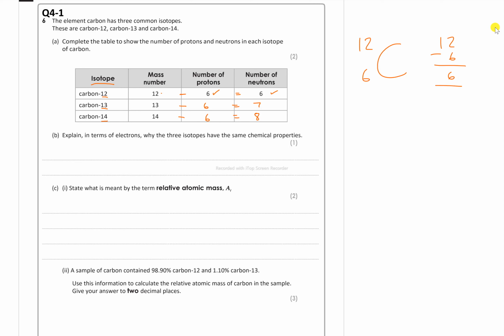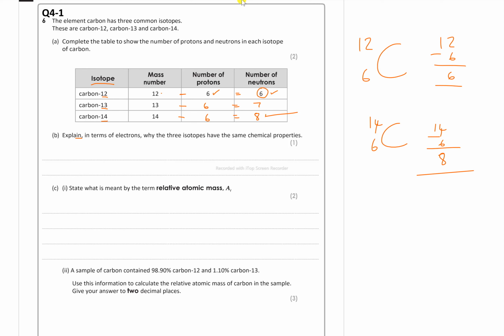There. That's where that 6 comes from. Now I'm going to look at this one. Carbon 14. 14 take away 6. 8. So it's got 8 neutrons. Right.